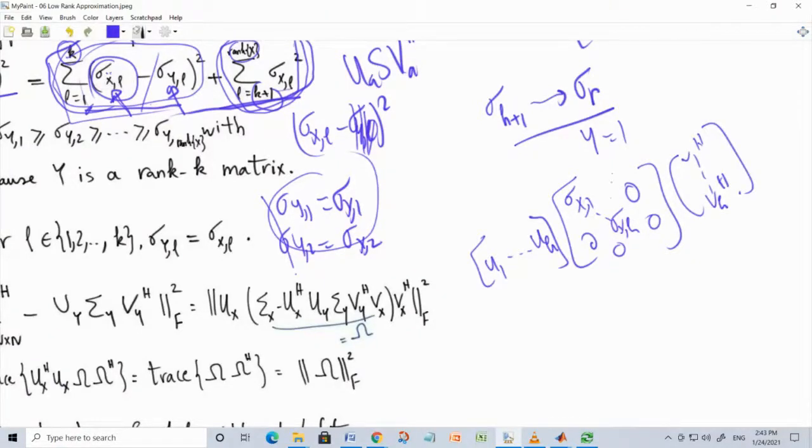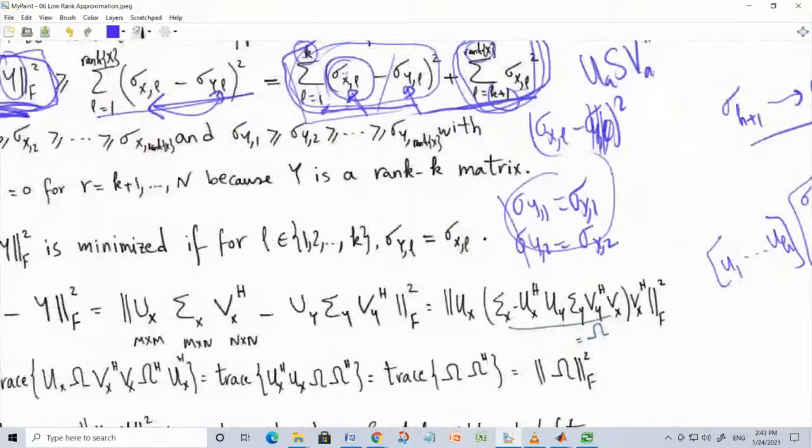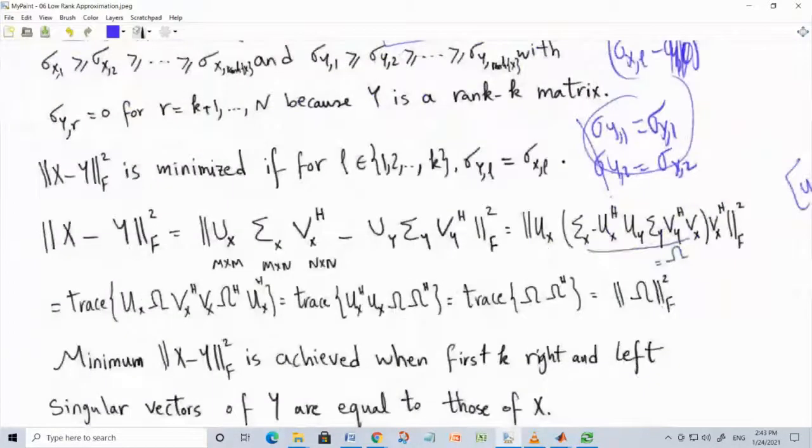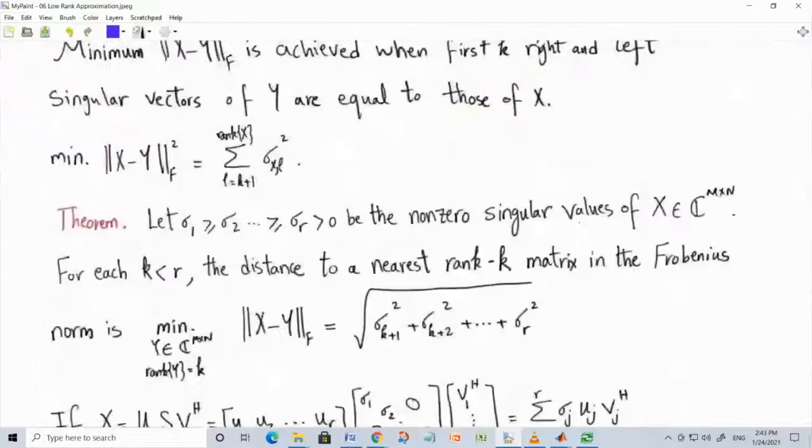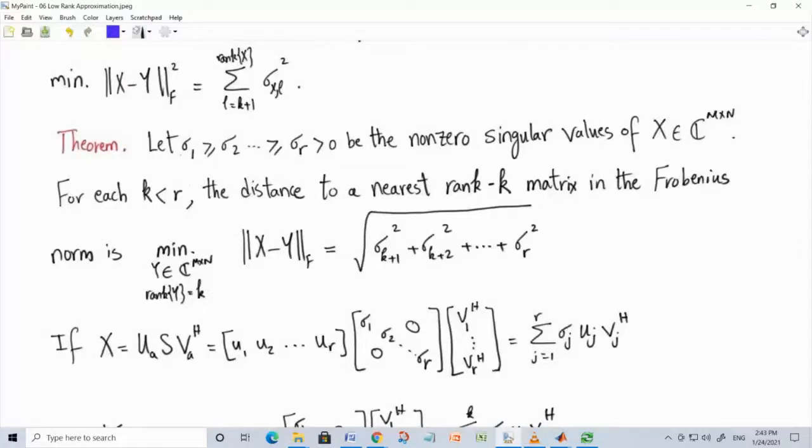So basically Y is a copy of X. It's just that you set the singular values from k plus 1 to r equal to 0. And again, you can easily show, as you see in this argument, that this will achieve the lower bound, which is this summation here.